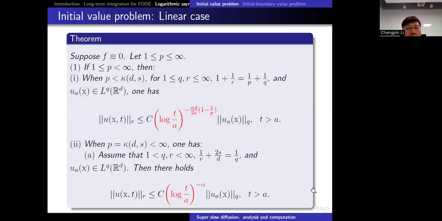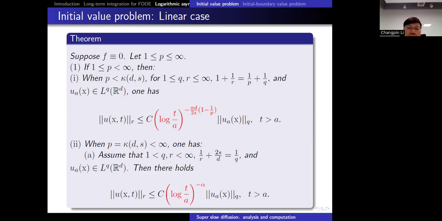Now, for the homogeneous equation, with p in the interval, and p less than kappa of d and s, the critical value, and q and p, with the initial value in L^p, we have this estimation for u of x and t.